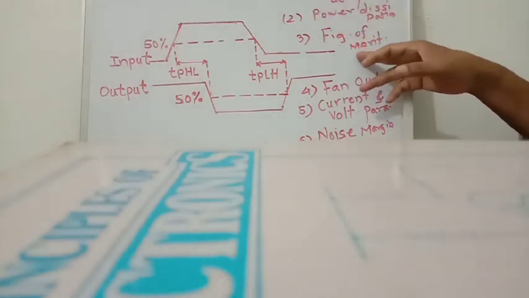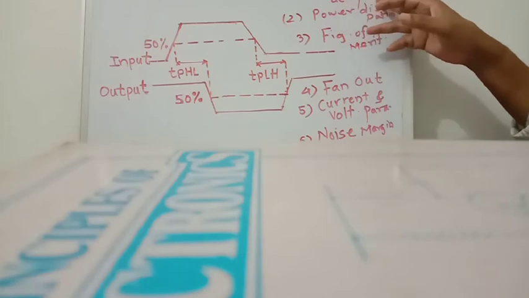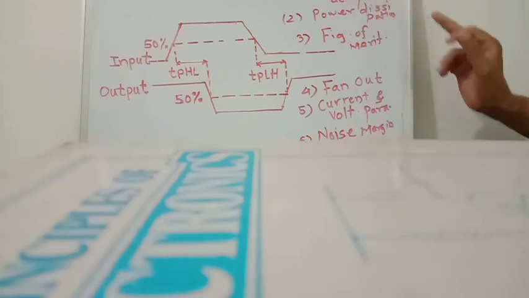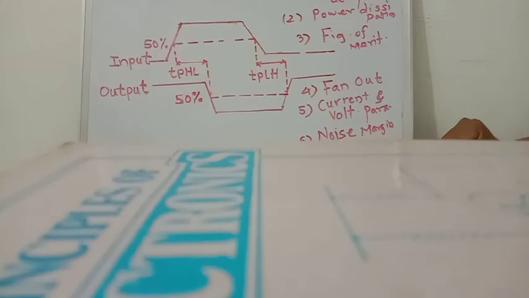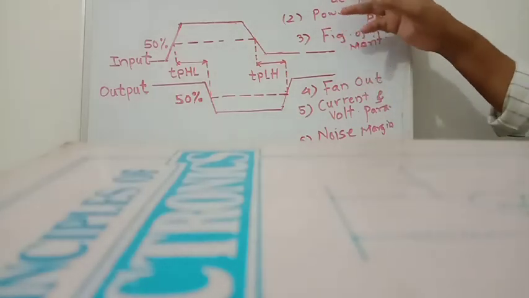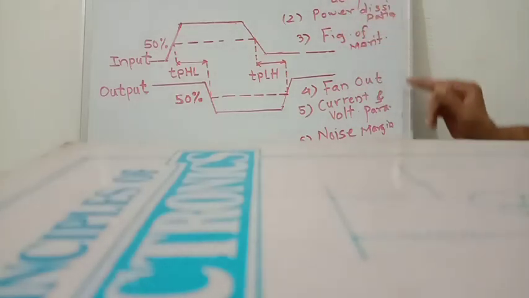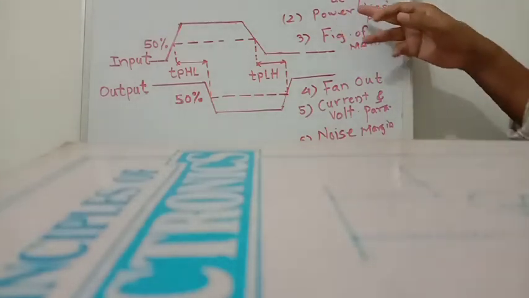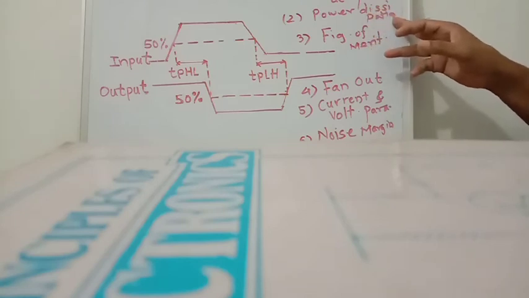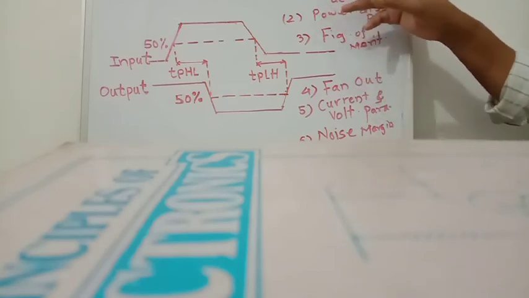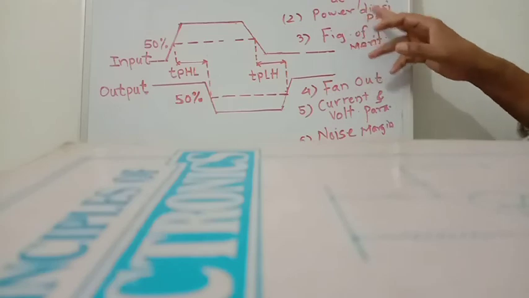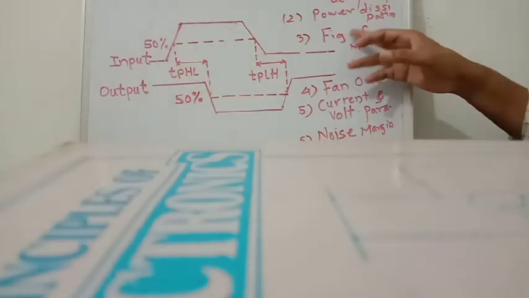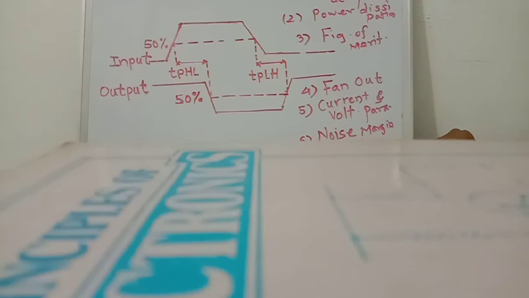So figure of merit is equal to propagation delay time, which is in nanoseconds, into power dissipation, which is normally in milliwatts. And low figure of merit is desirable. Then fourth, fan out.